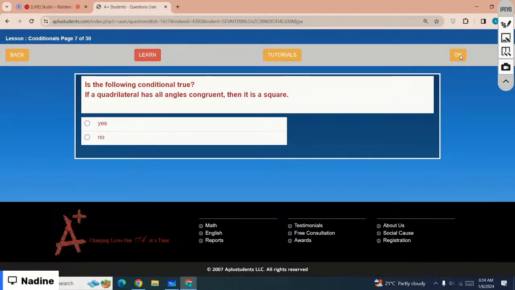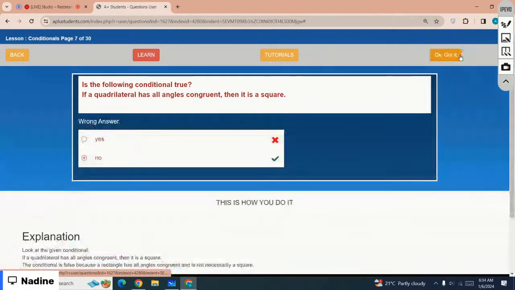If a quadrilateral has all angles congruent, then it is a square. Which is the correct option? I think true it is. The correct option is yes. No, the conditional is false because a rectangle has all angles congruent and is not necessarily a square.